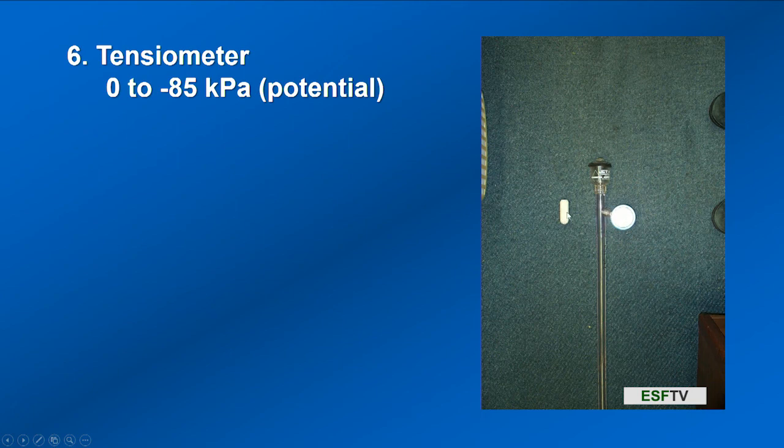Water equilibrates with this, and then will exert a tension on this gauge, and it'll read up to minus 85 kilopascals. When it gets any drier, this column will be broken with bubbles, and it's no longer useful. So this is useful for moist soils and maybe at the irrigation level, but not useful for anything beyond that.